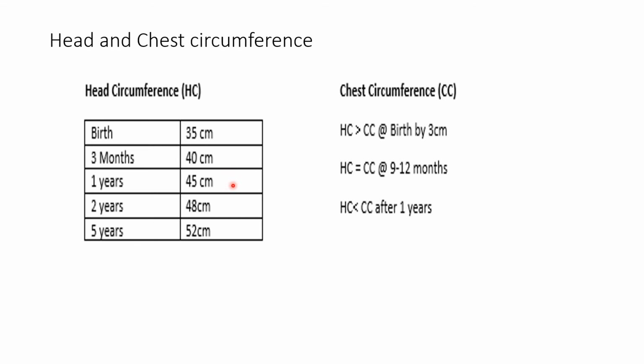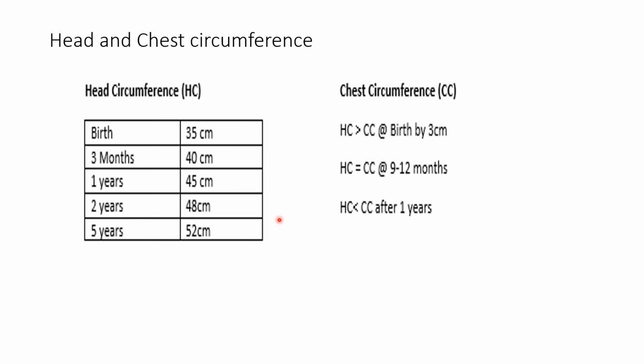After 1 year, if the head circumference is 45, the chest circumference will also be 45. After that, the head circumference will be increasing only. The chest circumference increases in a rapid way. It increases more.